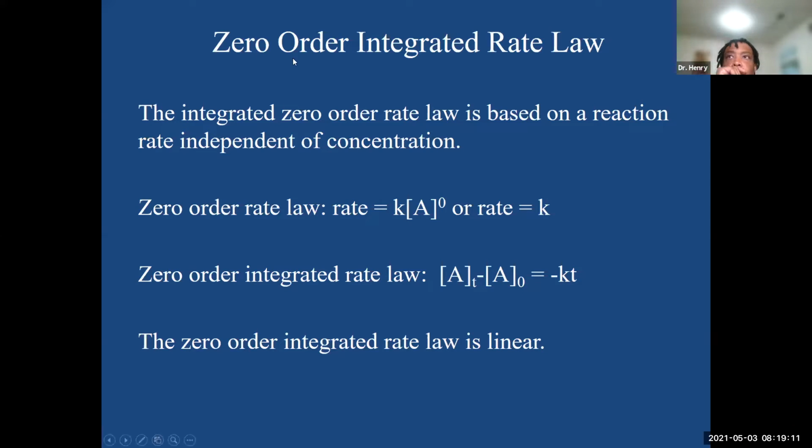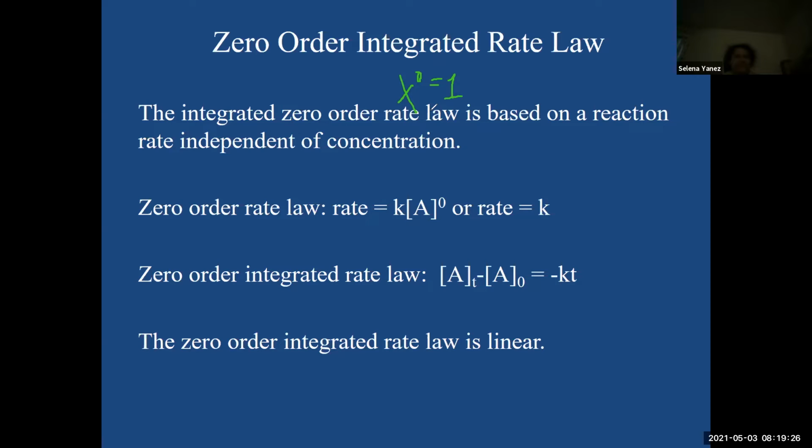You guys remember that? If you have X to the 0 power, that equals 1. Yes, no, maybe? Yes. Okay, good. That's going to be the same case here when we have a 0 order reaction. So in the case of a 0 order reaction, the rate is equal to K.